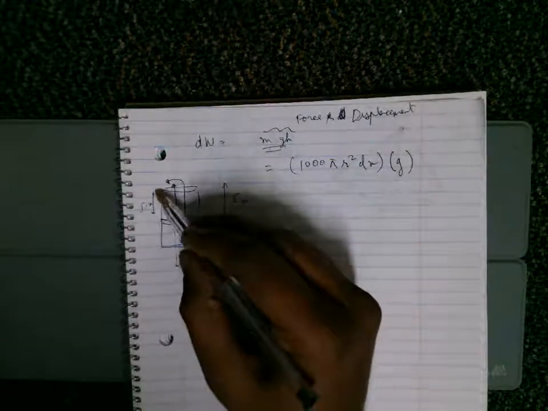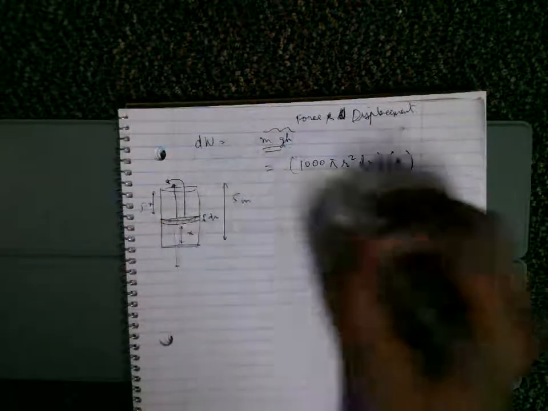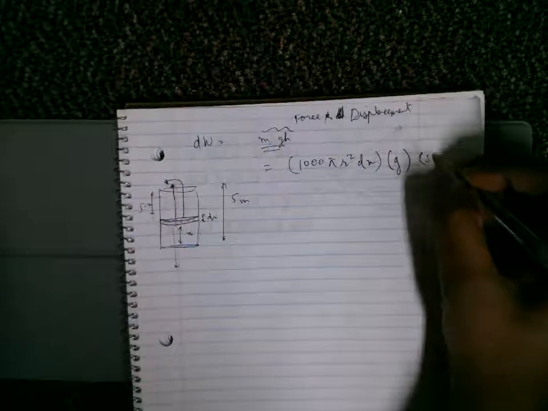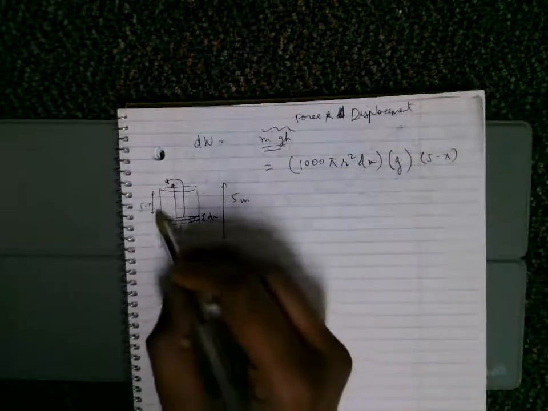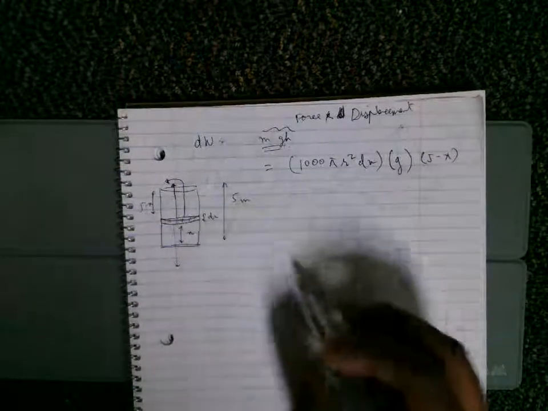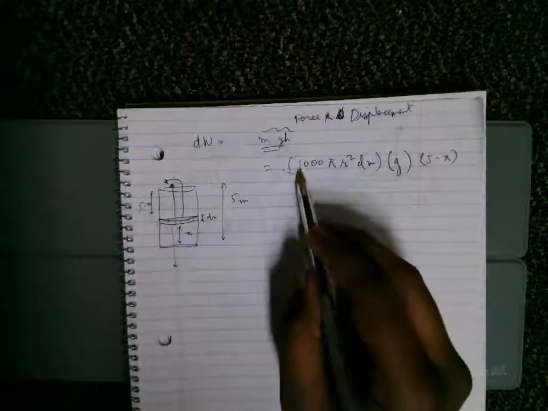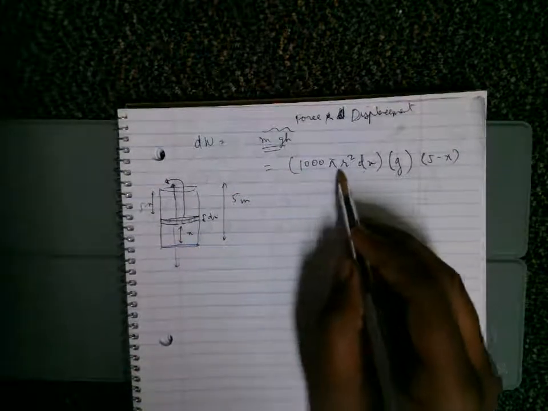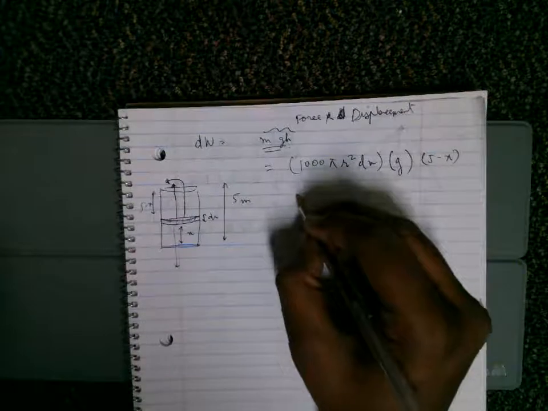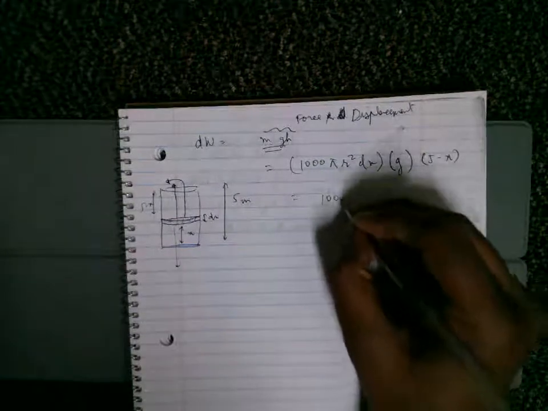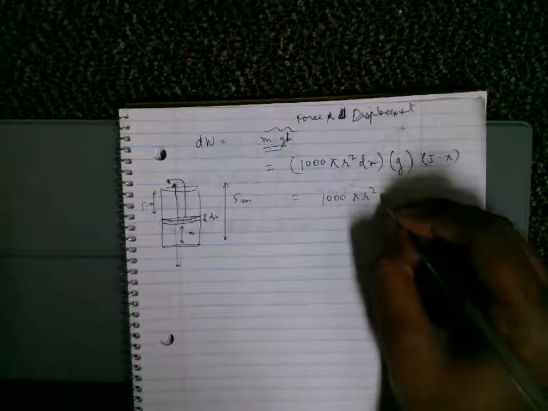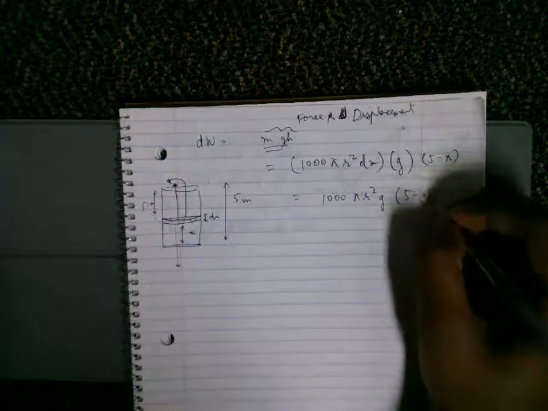So the displacement would be 5 minus x. The work done is 1000 pi r squared g times (5 minus x) dx.